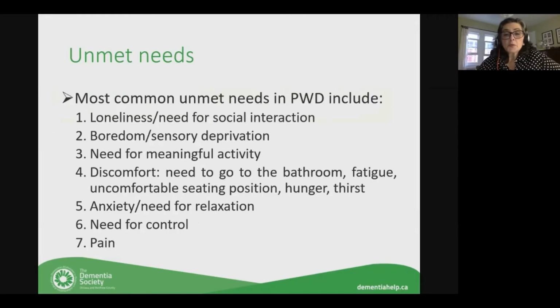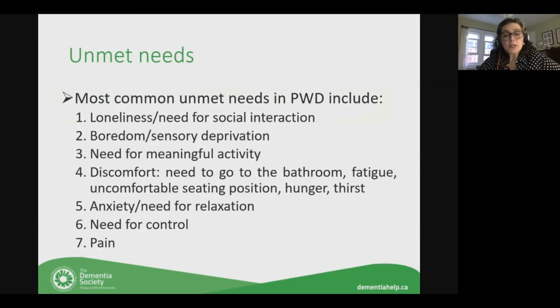Now, in people with dementia, some of the more common unmet needs would include the need for social interaction, which can then lead to loneliness. Not all people feel lonely if there is not social interaction, but in many cases, the loss of it leads to loneliness and boredom and sensory deprivation.